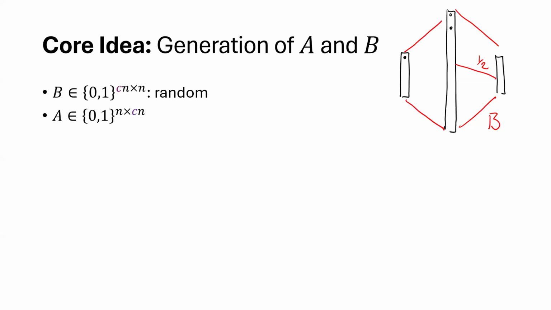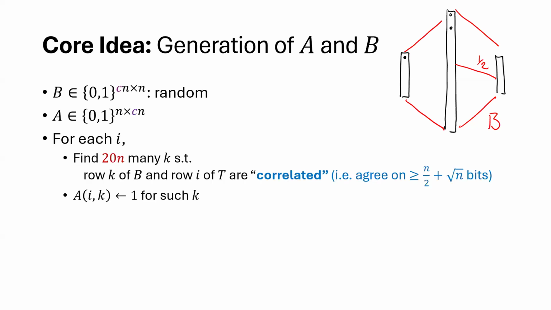Okay, and here is a way. Let's look at one node I on A, let's say the first one. I'm gonna make sure that I put 20n many neighbors.